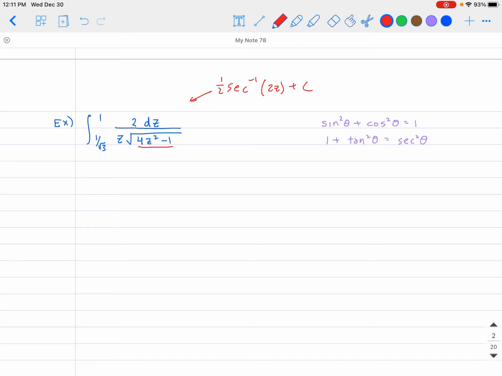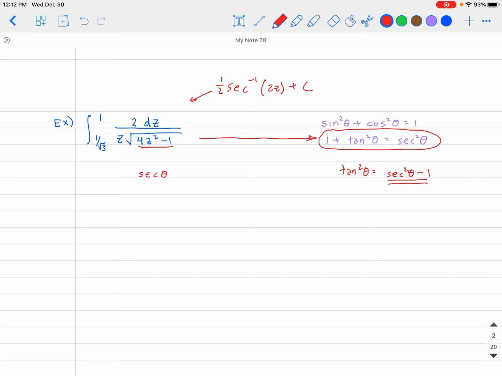Well, that is probably going to be this guy right here, because if you take my second identity, I can rewrite this as tangent squared theta is equal to secant squared theta minus 1. Okay, on this equation, you'll notice that we have something that is parallel to the right-hand side, secant squared minus 1. So what that tells me is the following is going to be my substitution then.